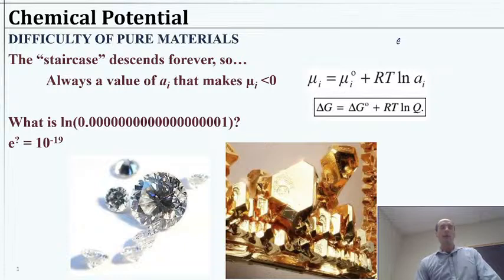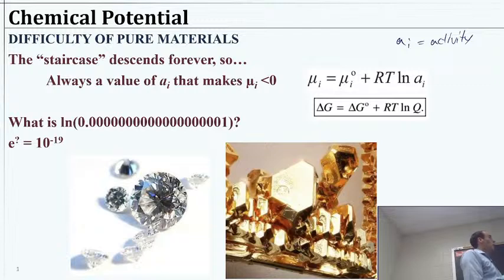So A here for i is the activity. We can kind of relate that. I mean, this equation is relating that to mu. Activity is essentially the concentration of A, the molar concentration, but we can multiply it by the activity coefficient that we'll talk more about soon.